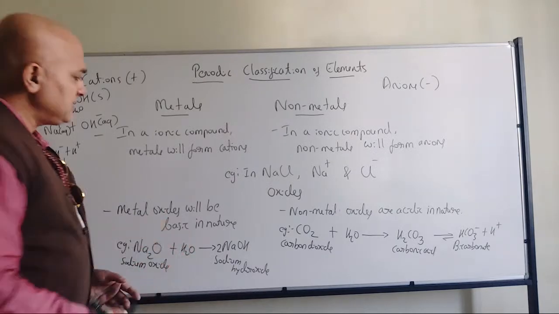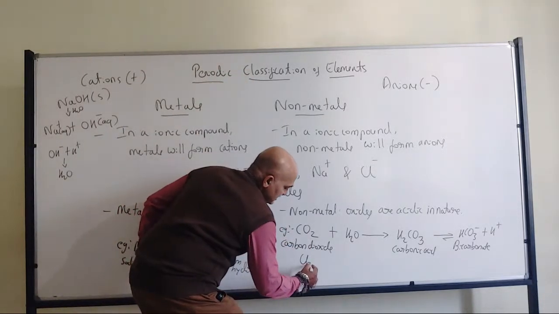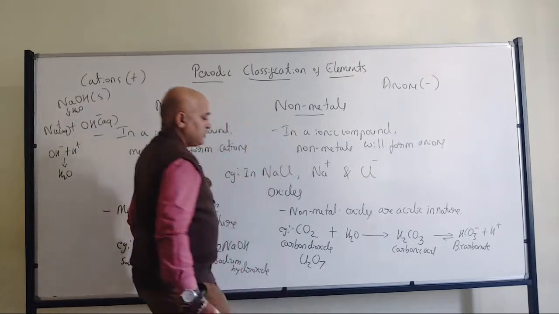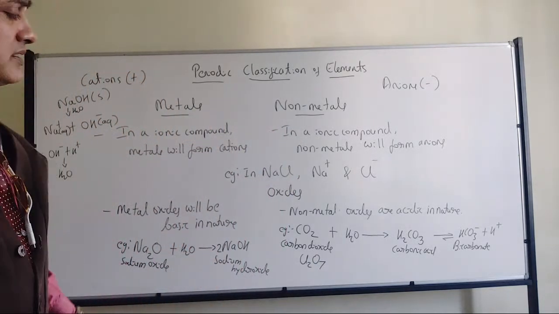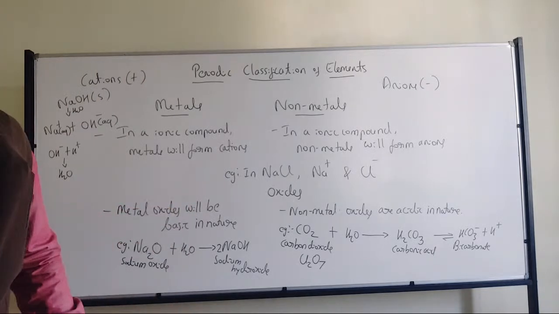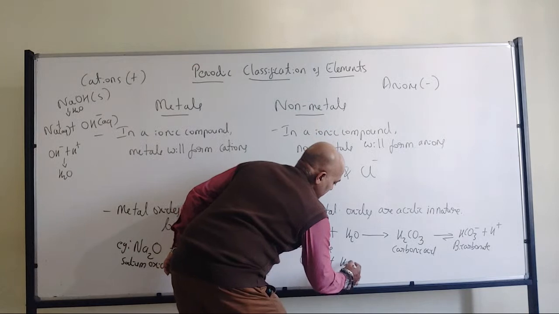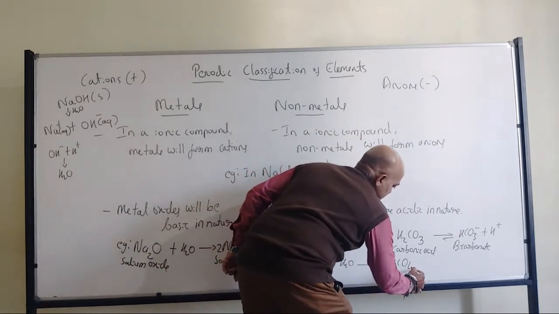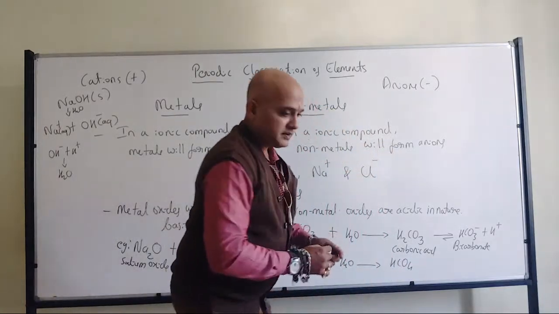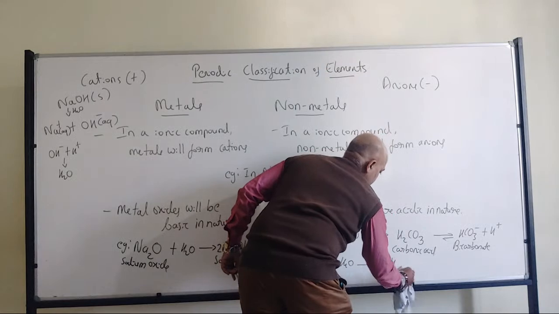If you take another one in your textbook, if I remember, that is Cl2O7, an oxide of chlorine. Even this molecule with water is going to form perchloric acid, HClO4.